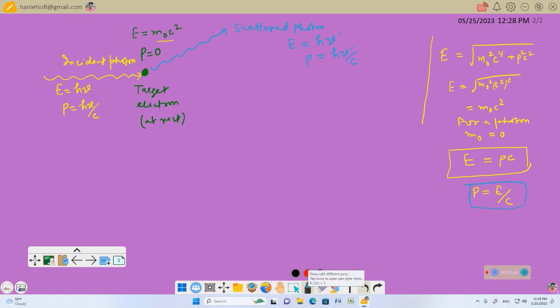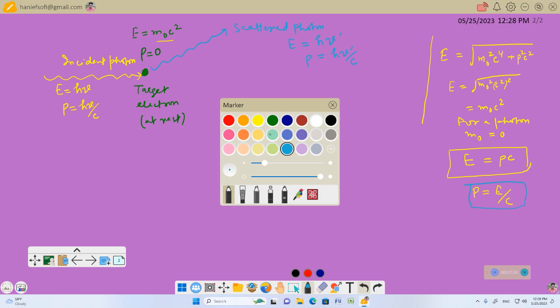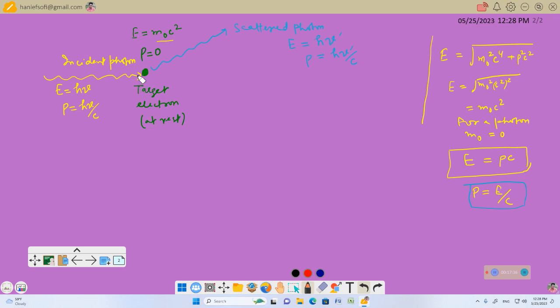Now in which direction it is scattered, we need to specify the angles. So this is my direction of the incident photon, the direction in which the incident photon is coming to hit the electron. Let the angle made by the scattered photon, the direction in which the photon is scattered, with the direction of the incident photon be phi.